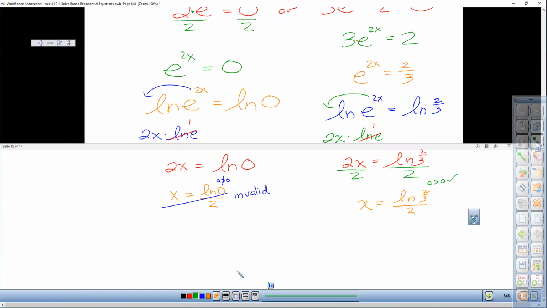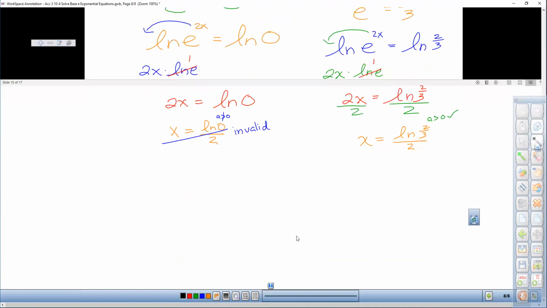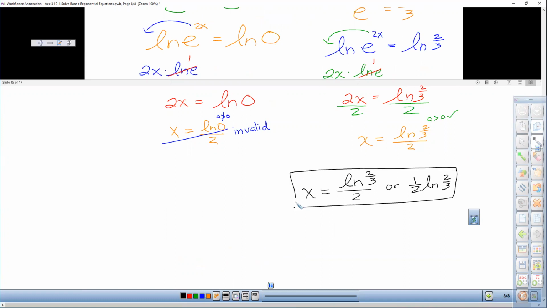And so you can write your exact solution either the way I've got it here, the natural logarithm of 2/3 divided by 2, or, if you prefer, 1/2 times the natural logarithm of 2/3. Either way is fine for this because it's not a function. It's just a solution to an equation. So this is our exact solution.